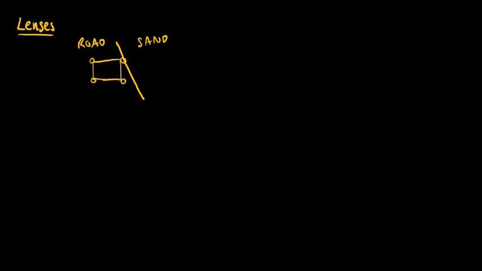If we imagine that this wheel here is going to enter the sand first, and this wheel here will continue to carry on at the same speed, the wheel that entered the sand first will end up slowing down, and this wheel here will continue to carry on at the same speed. So therefore the shopping trolley will slightly alter its angle as it enters into the sand, like so. And this metaphor is what happens to light.